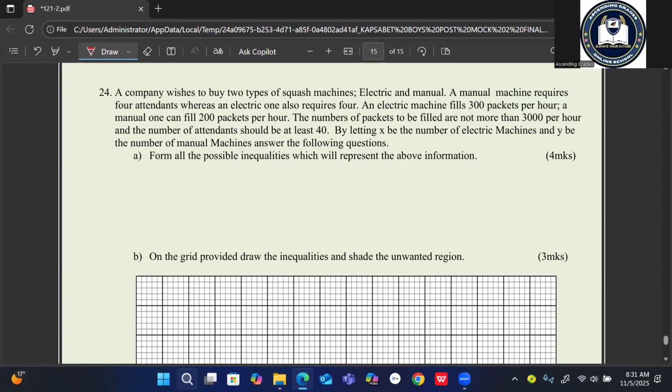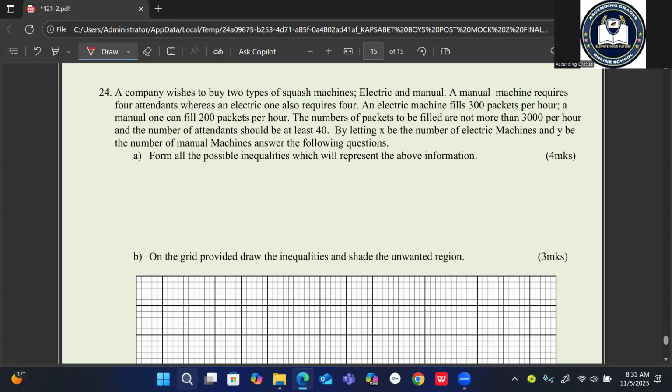The number of packets to be filled is not more than 3,000 per hour, and the number of attendants should be at least 40. So X is the number of electric machines and Y is the number of manual machines.